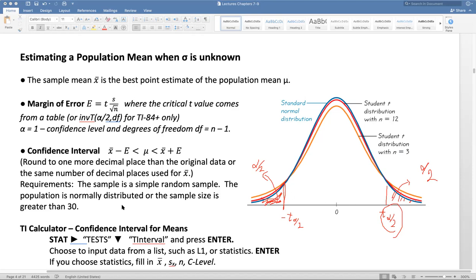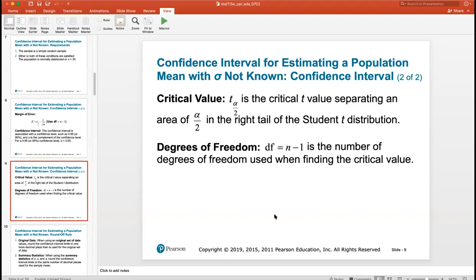Okay, so now back to the lecture slide. So here, the degree of freedom, I told you, df is n minus 1. That's also one of the differences between estimating population proportion and this section on estimating population mean.